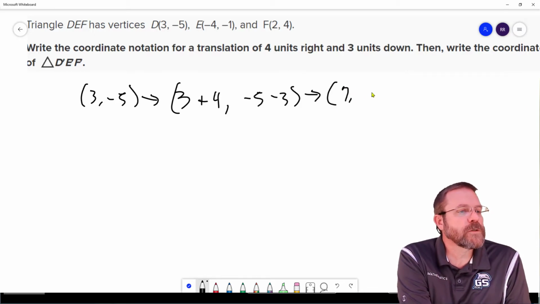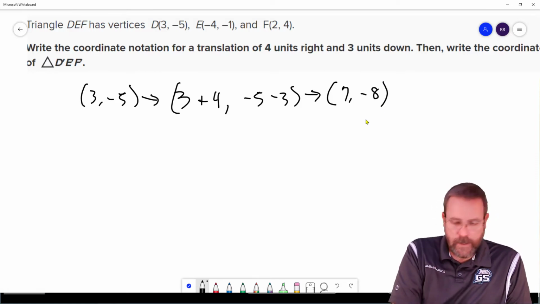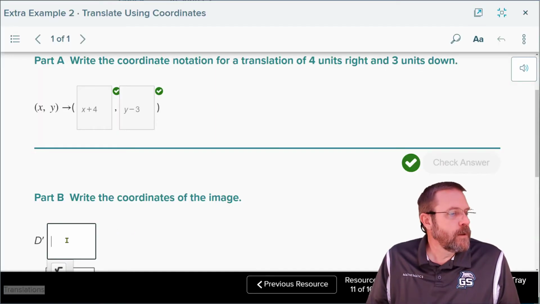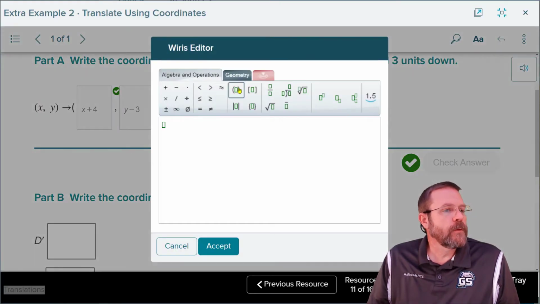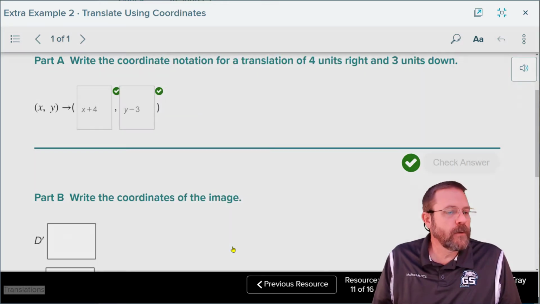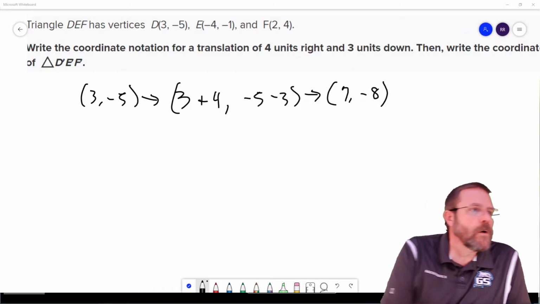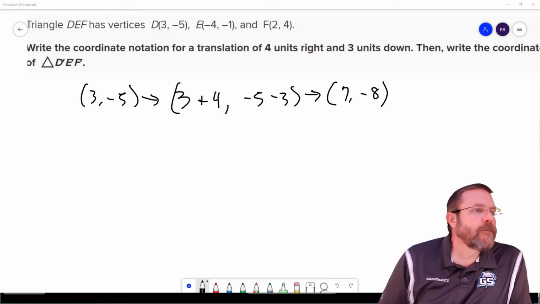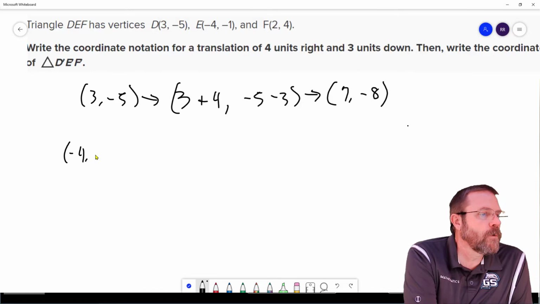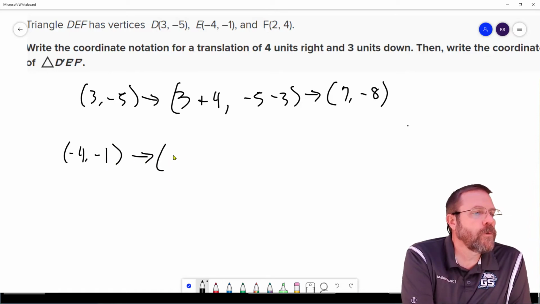That's going to end up giving me the new location. 3 plus 4 is going to be 7. Negative 5 minus 3 is going to be negative 8. Let's type that in. It's going to be in parentheses 7 comma space negative 8, accept. Let's do the next one. Our next point was going to be negative 4, negative 1. Start at negative 4 comma negative 1, and once again we're going to move 4 units to the right.